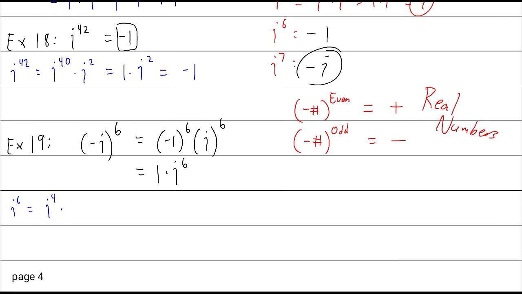So it's i to the 4th times i squared. If it's a multiple of 4, then it really equals 1. So it's really 1 times i squared. Of course, i squared equals -1. So 1 times -1 is -1. Voila.